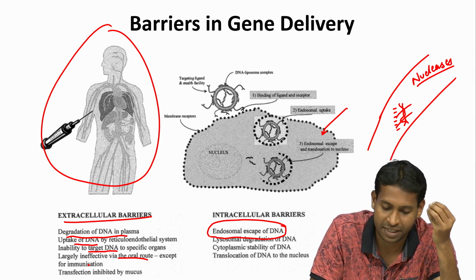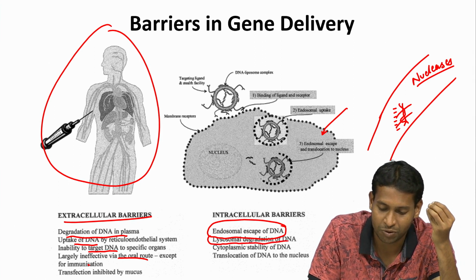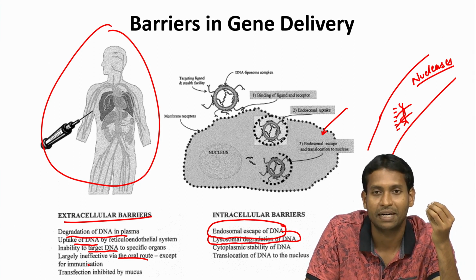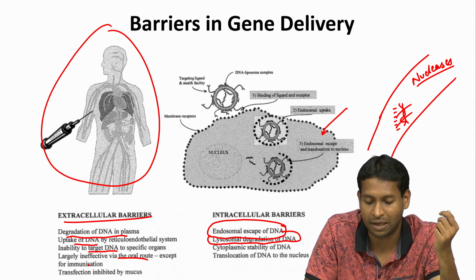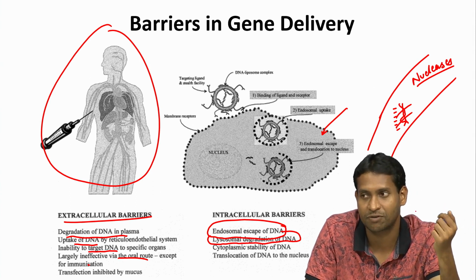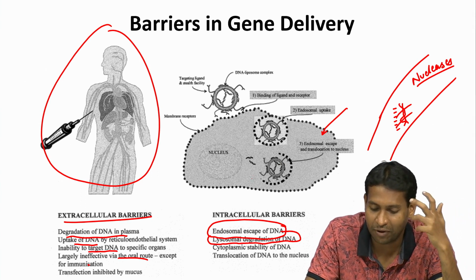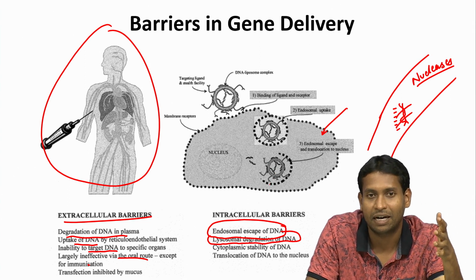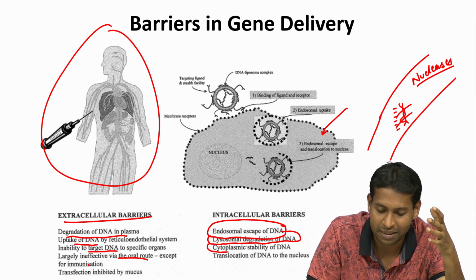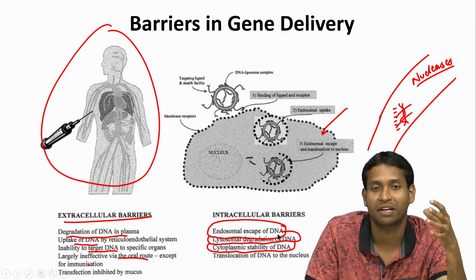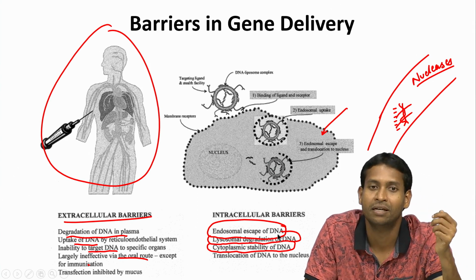Quite a lot of it gets degraded in the lysosome. Eventually the endosomes will go into the lysosomes, which contain a very harsh environment and lots of nucleases as well, so that is not going to work. Let us say somehow this comes out into the cytoplasm. How stable is it in the cytoplasm? That is another challenge, because that is not an environment where the DNA was supposed to be.